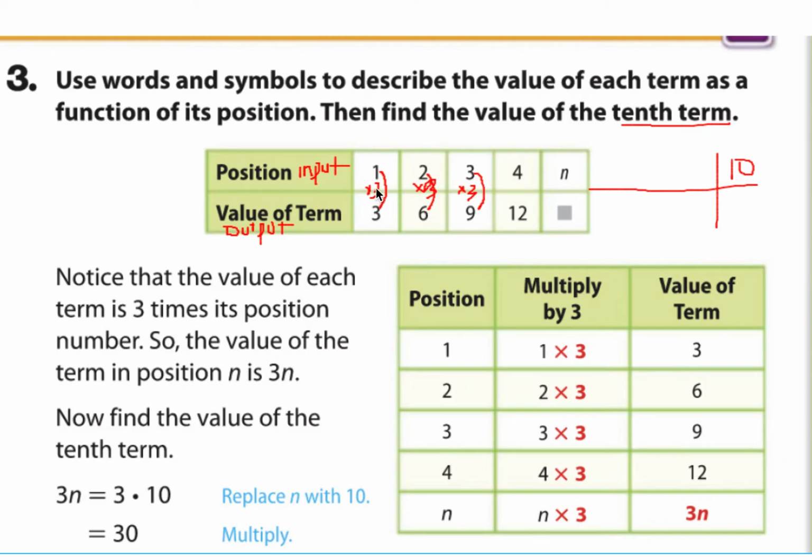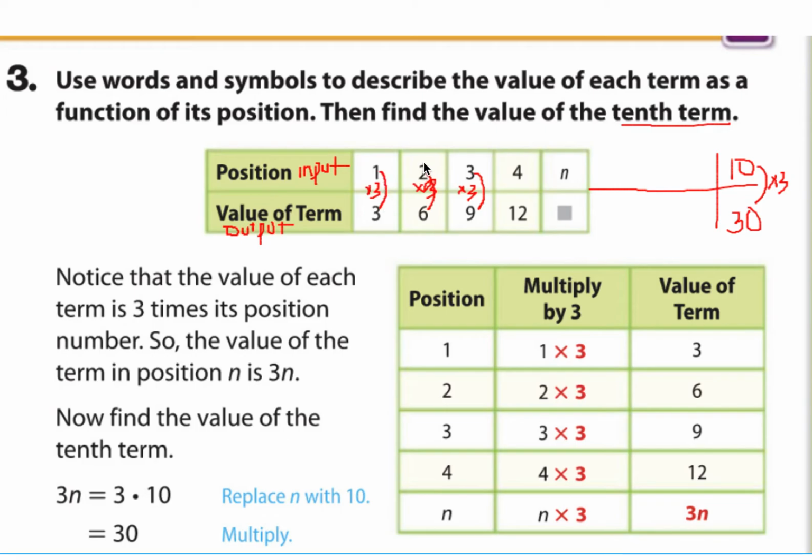If I multiplied each input by 3, then all I do is multiply the 10 by 3. And I'm pretty sure that the output, or the value of the term, would end up being 30, right? So that's one of the answers, but now I have to also tell them what the rule is.